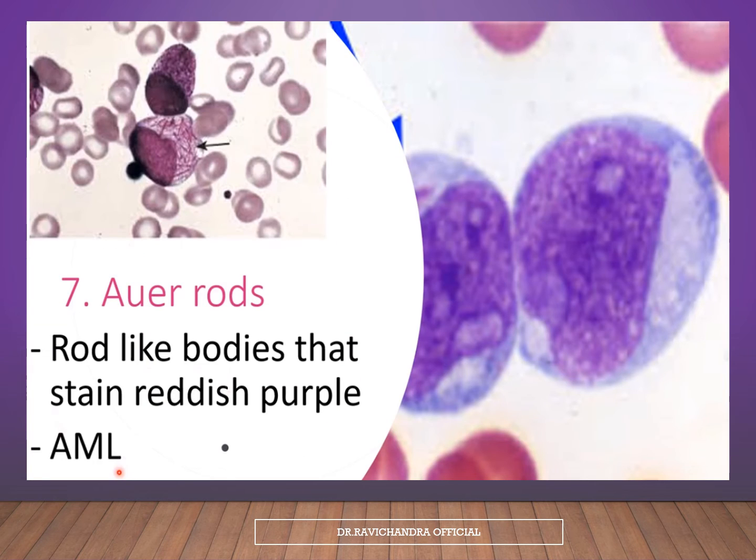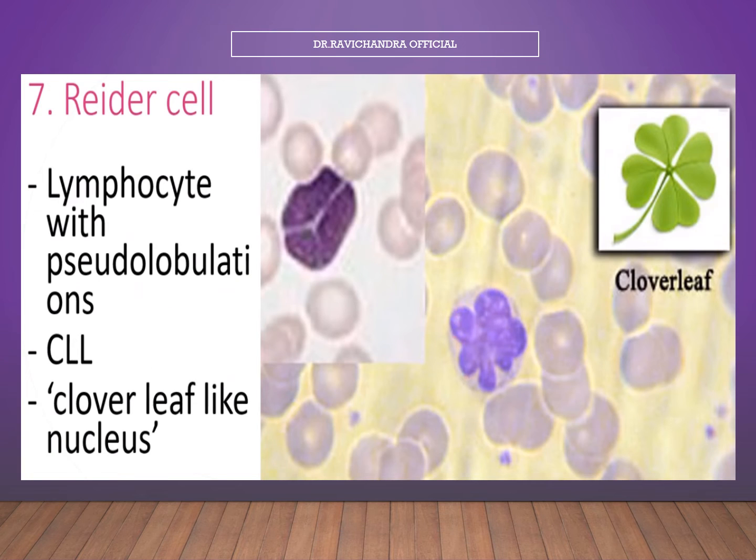Auer rods. These are rod-like bodies that stain reddish purple in color, shown with the black colored arrow in the picture, and these are a characteristic feature of AML. Reader cell. Lymphocytes with pseudolobulations are called reader cells. They look like a clover leaf nucleus, seen in CLL.